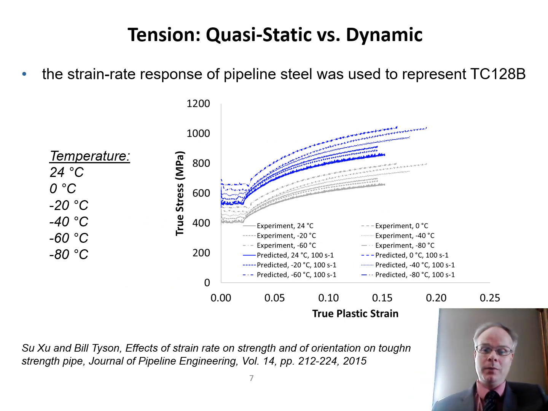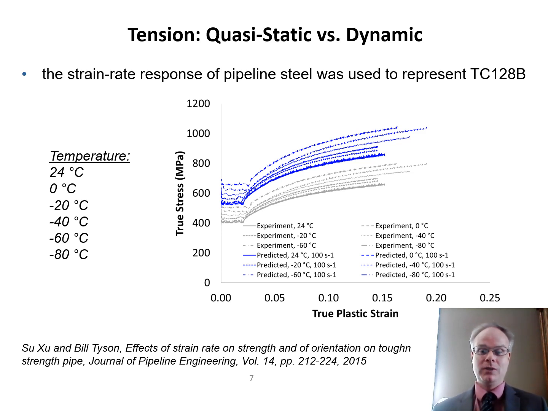And so the normal way to do this would be to do a lot of split Hopkinson bar testing for the high rate behavior. But steel is fairly general. This steel could be comparable to pipeline steel. So in this case, what we did was we just used the response of pipeline steel to represent the TC1288B steel.